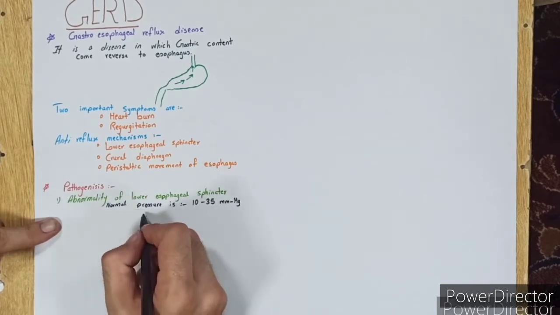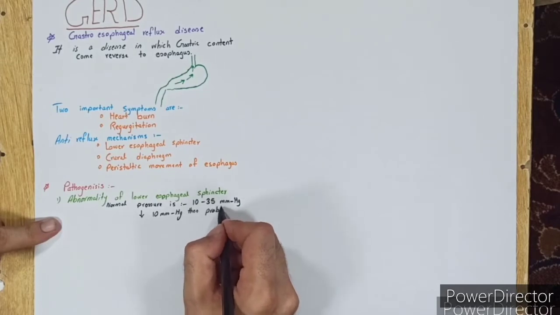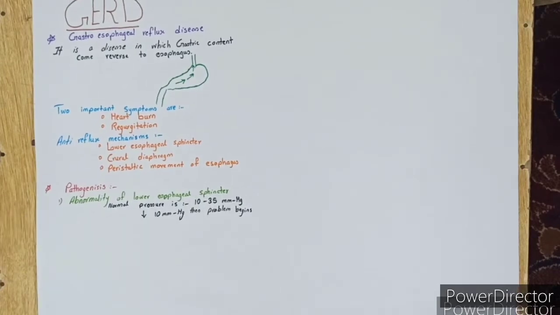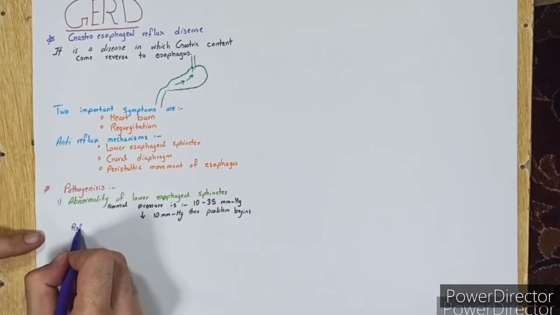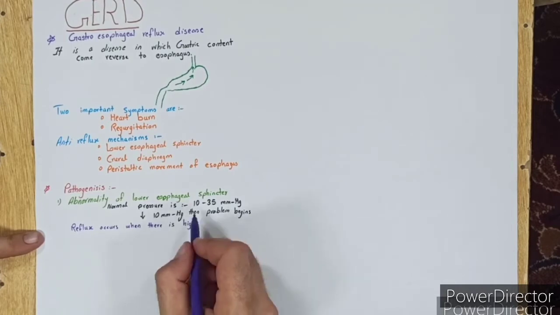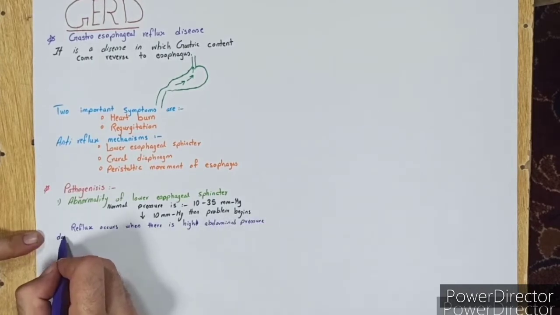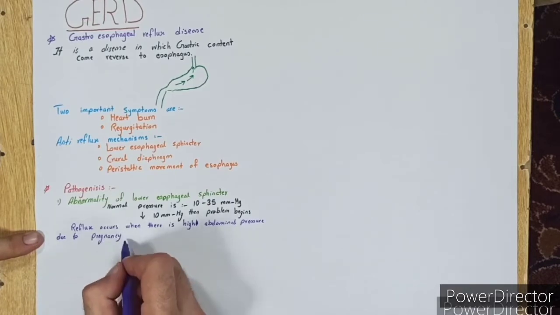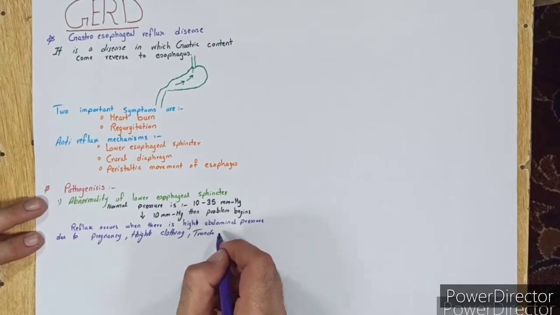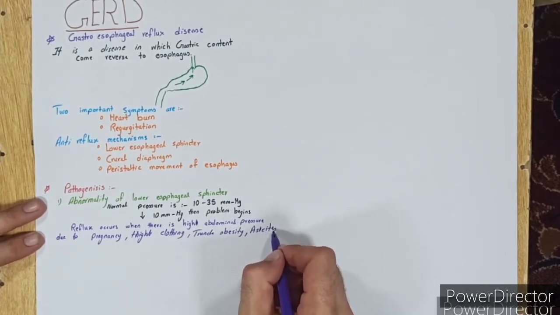If it becomes less than 10 millimeters of mercury, then problems begin. Reflux occurs when there is high intra-abdominal pressure due to pregnancy, tight clothing, truncal obesity, ascites, and etc.